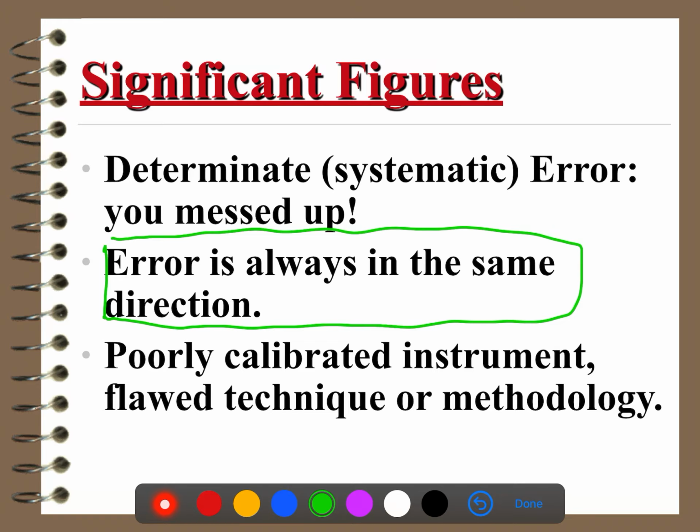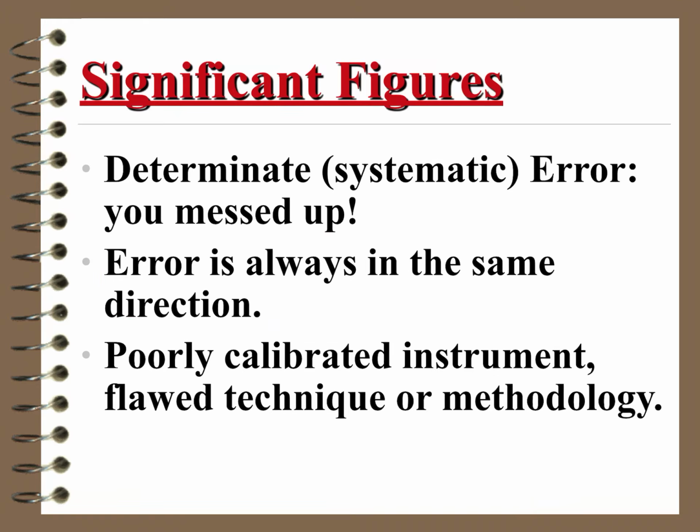But if you have determinate error, you're never going to get a combination of, oh, sometimes it's too high, sometimes it's too low, and then hopefully it averages out. That's not going to happen. It's always going to be wrong in the same direction. That's what they mean by determinate. You can determine the direction, and that will tell you that you've made a systematic error.